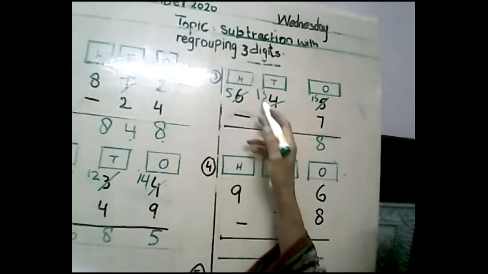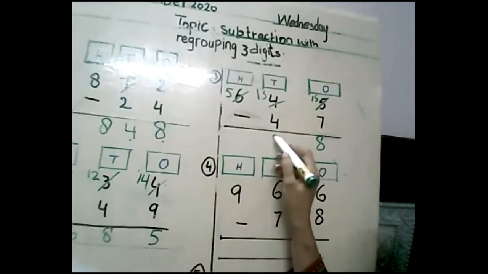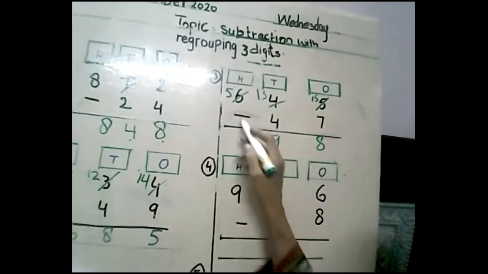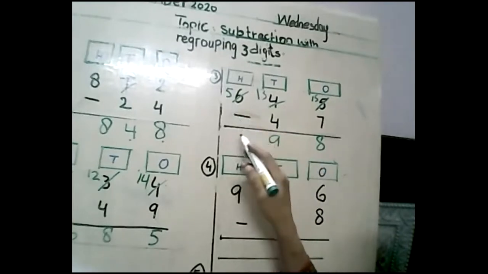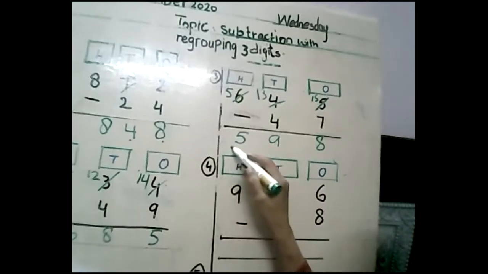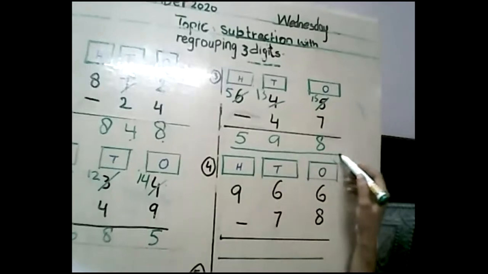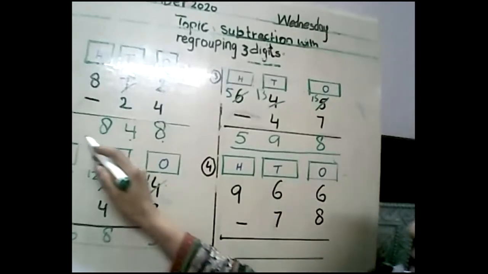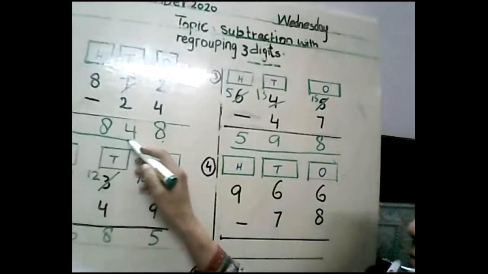So we will subtract 4 from 13. It will be 9. And 5, there is no digit, so it will be the same. Okay. Right. Now question number 4.